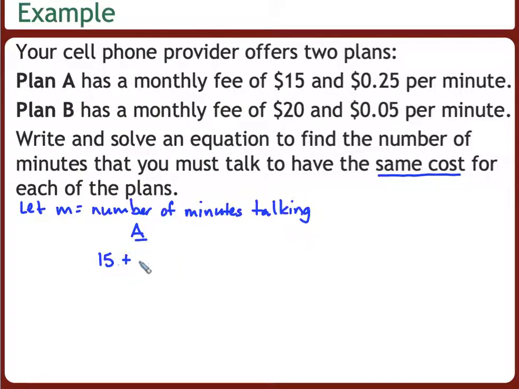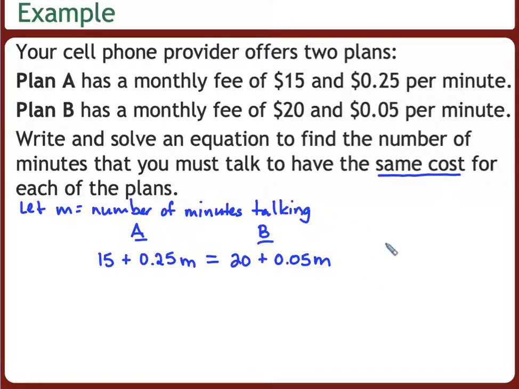So $15 plus, and then it's going to cost us 25 cents per each minute for plan A. And we want to know, when is that equal to plan B, which is $20 for the month, no matter how much you talk, but it's at a lower rate even though you pay more up front. You only have to pay a nickel per minute.